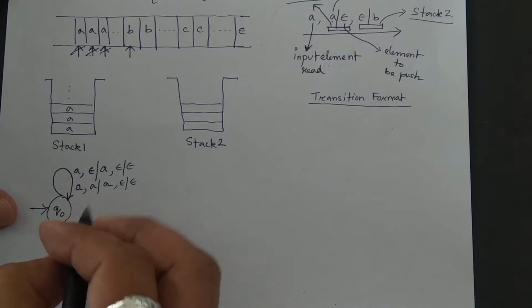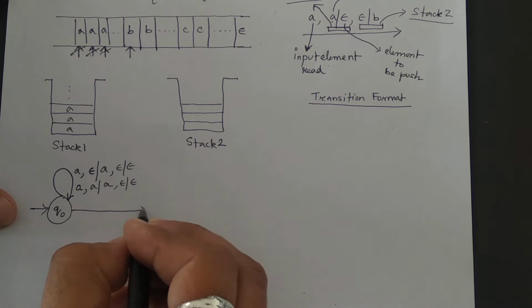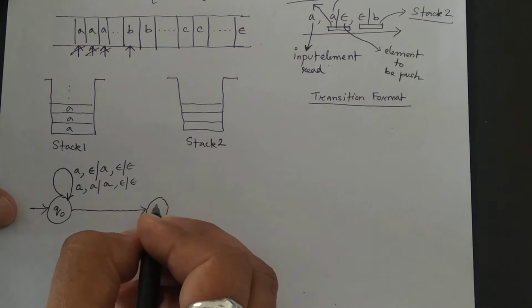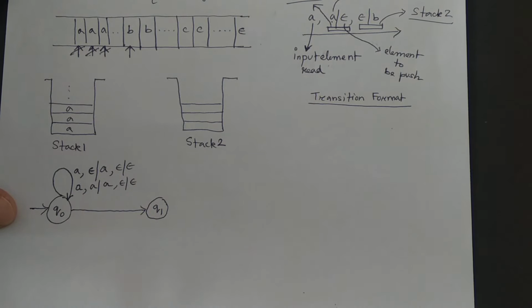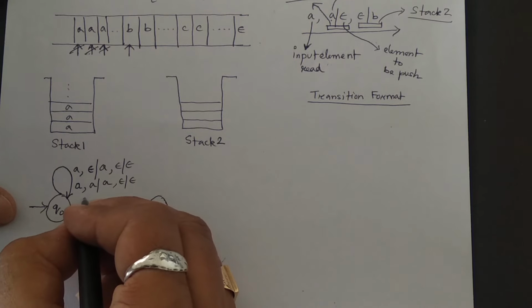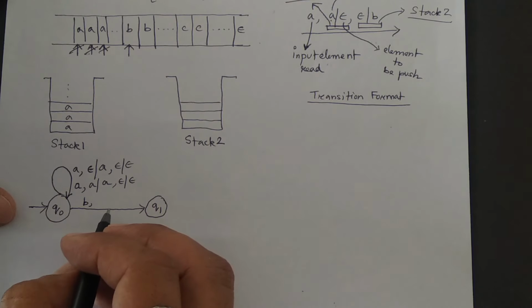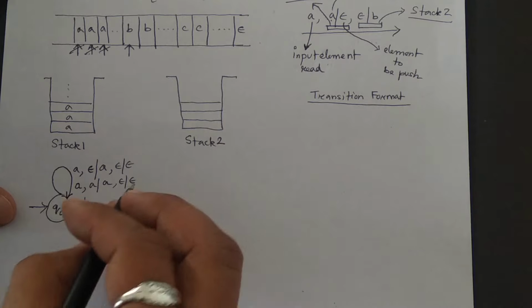After finishing all the A's, we will be reaching B. So for the first B, the state will be changed from Q0 to Q1, correct? What will be the transition? The input symbol is B. In stack number 1, the element at the top of the stack is A, correct?